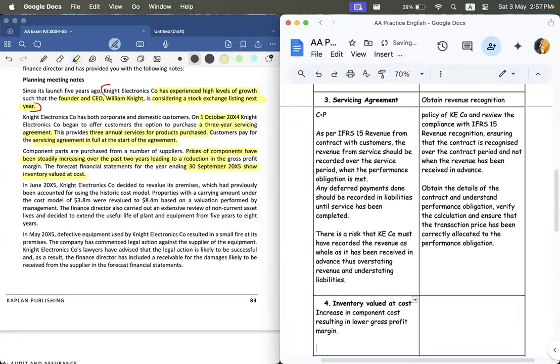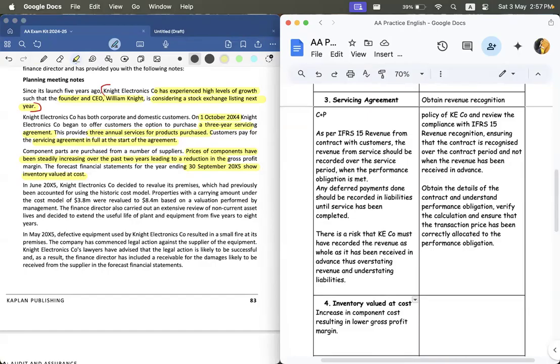Now you're going to mention the standard. What is the standard related with this? Tell me. PPE, IAS 16? No, it is inventory that we're talking about, right?